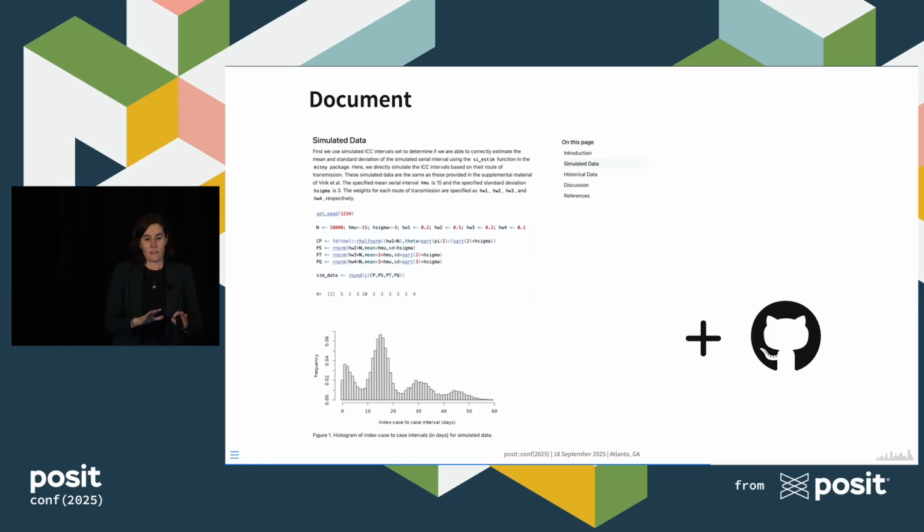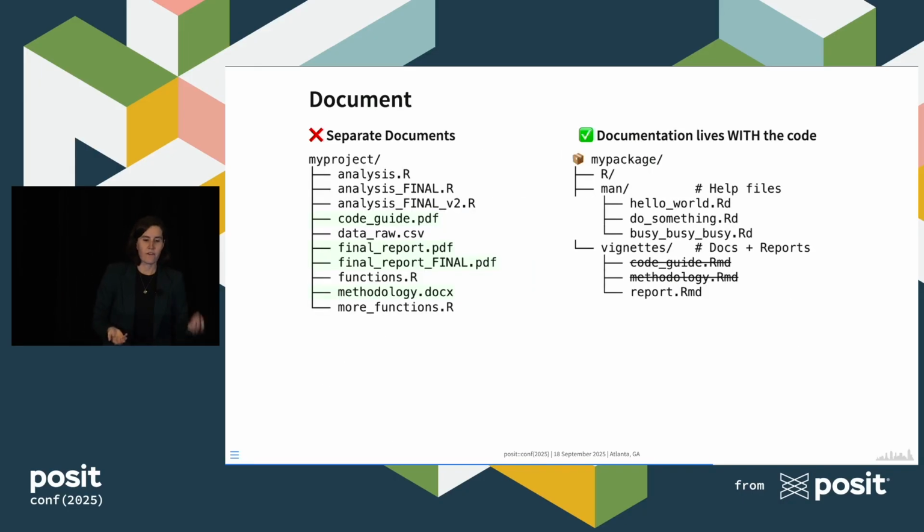With a vignette, it can also be version controlled using GitHub, like your code, and so it just makes the likelihood of the documentation file and the code file becoming out of sync much lower. It can still happen, you still have to update your documentation, but it increases the chance that your documentation is current. And so with the vignette, you may actually find that you don't need a separate methodology document, that maybe all you need is a final report.